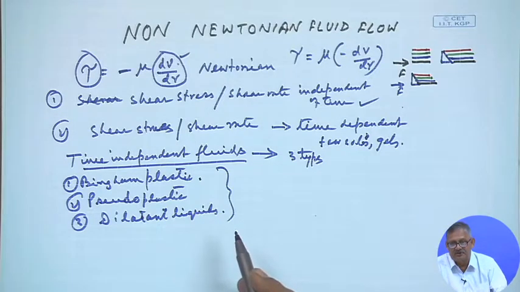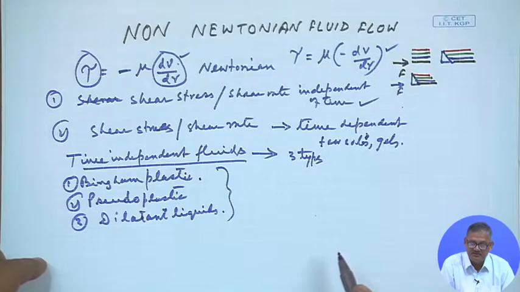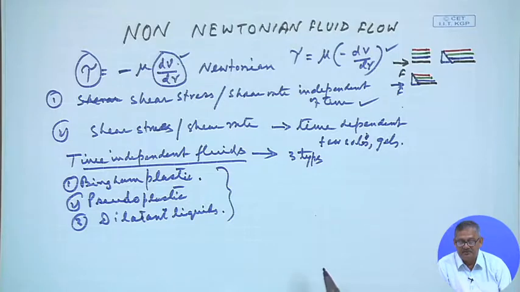So, let us go back to that power law equation which we started with, that is tau is minus mu dV/dr.